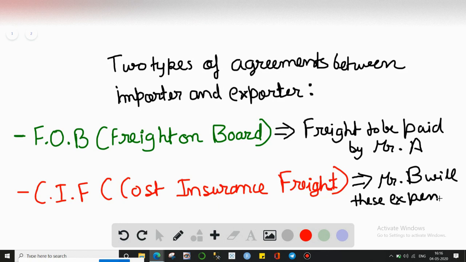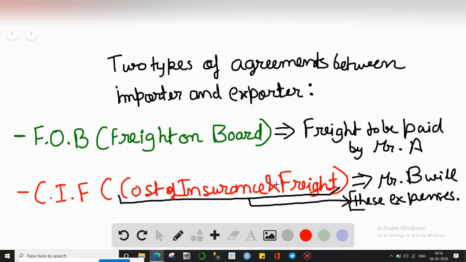What are these expenses? These expenses, like cost of insurance and freight. So we have derived our solution.